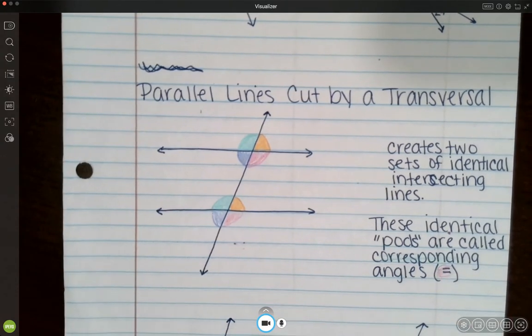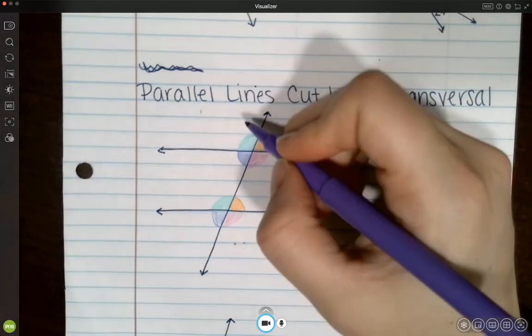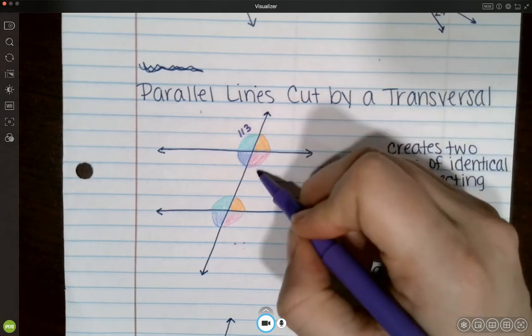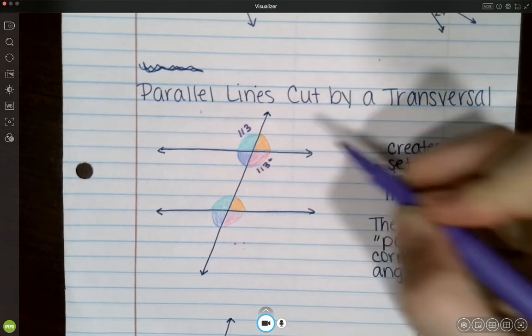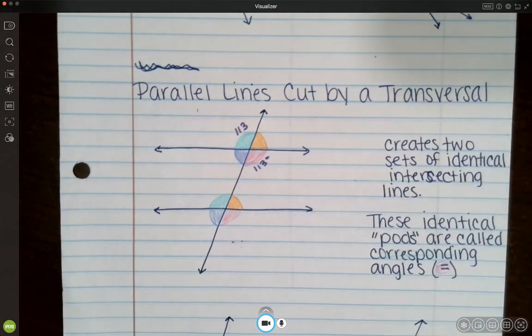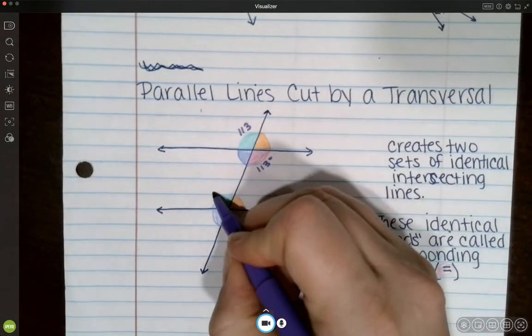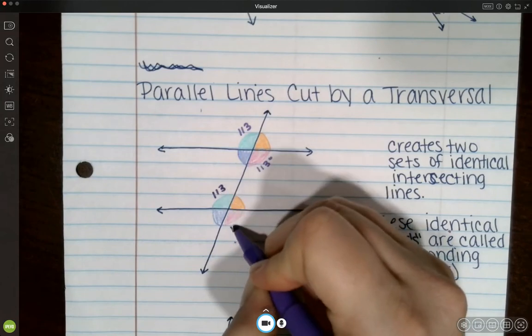Notice though, I'm only going to end up using two numbers the entire way through. The reason is, if I say that this is 113, that means this vertical angle has to be 113, which means the upper left and bottom right of the other pod have to be 113 and 113.